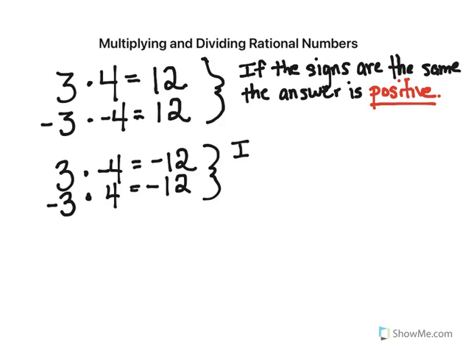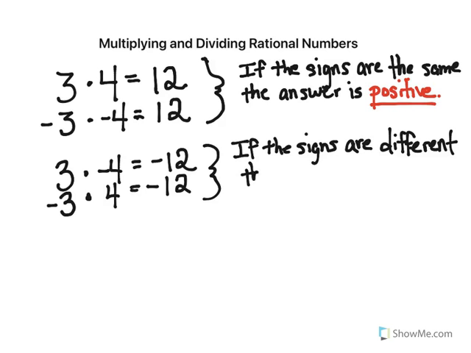Then the rule would be: if the signs are different when multiplying and dividing rational numbers, the answer is going to be negative.